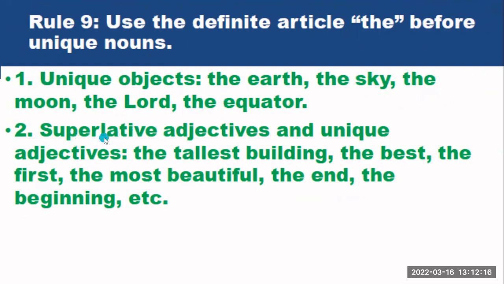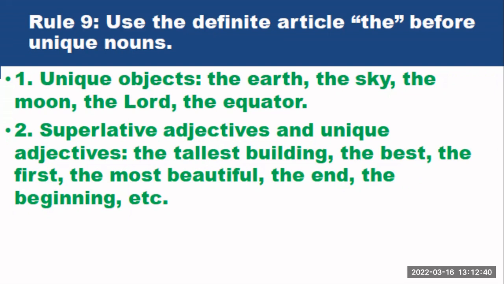You can also use the definite article with superlative adjectives and unique adjectives. For example, the tallest building, the best, the first, the most beautiful, the end, the beginning. You often hear people talk about the good, the bad, and the ugly.